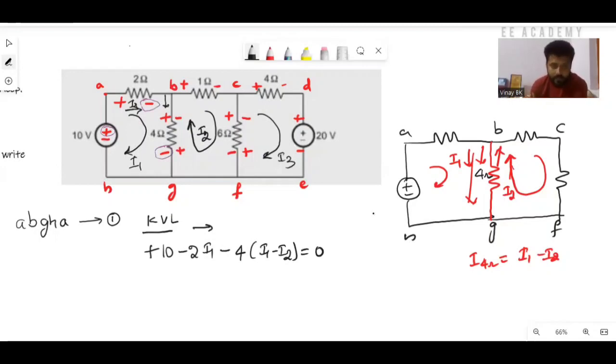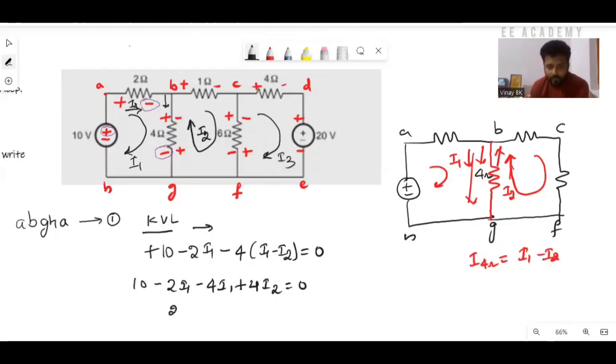Now I'll simplify this. We'll get equation 1. I'll write as it is: 10 minus 2I1 minus 4I1. You can also write directly minus into minus plus 4I2 equals to 0. I'll send all this expression to the right side.